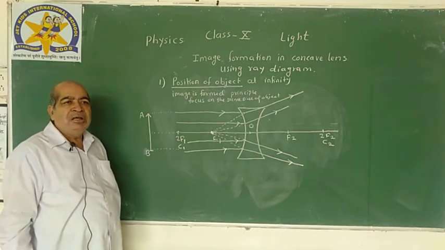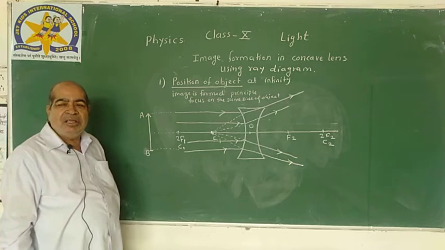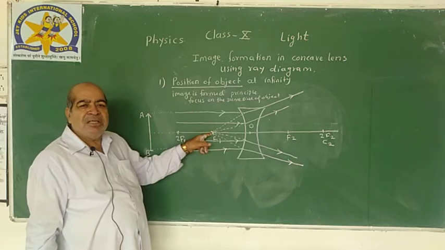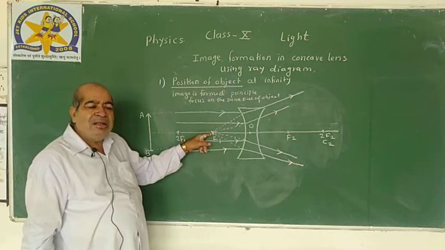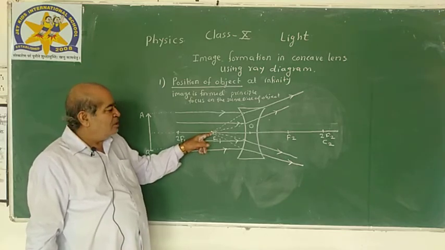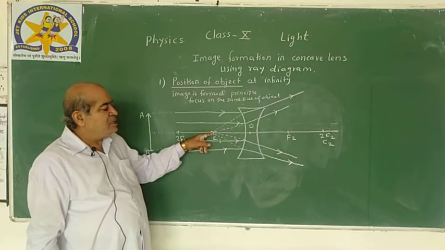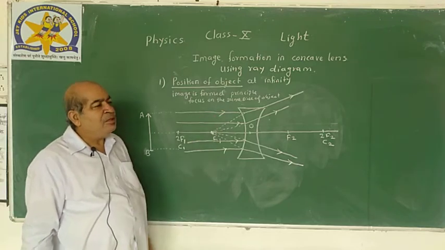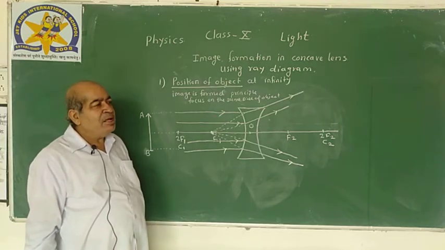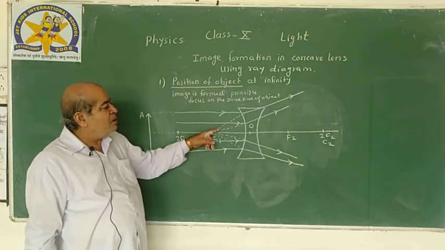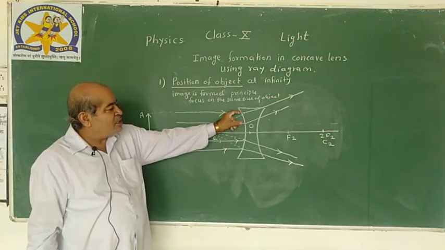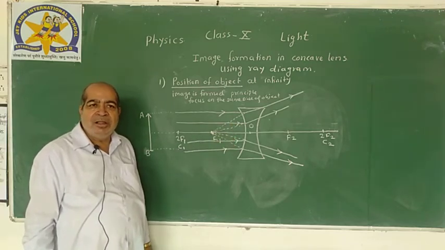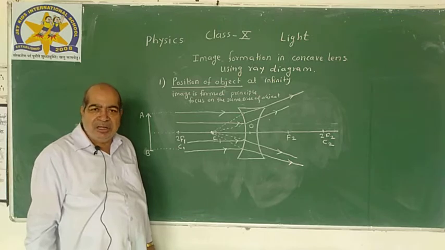Then what is the relative size of the image? The image is point sized and highly diminished. Since it is obtained due to the extension of the rays, the image is virtual, and the image is erect.